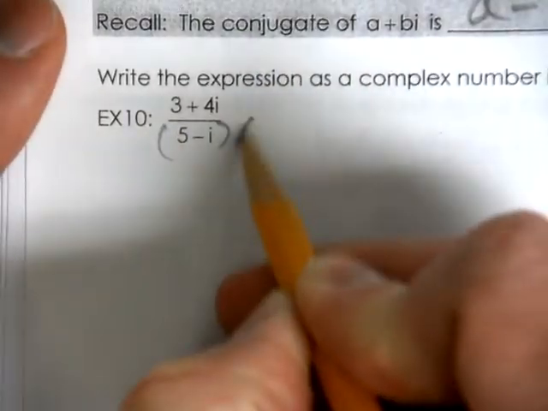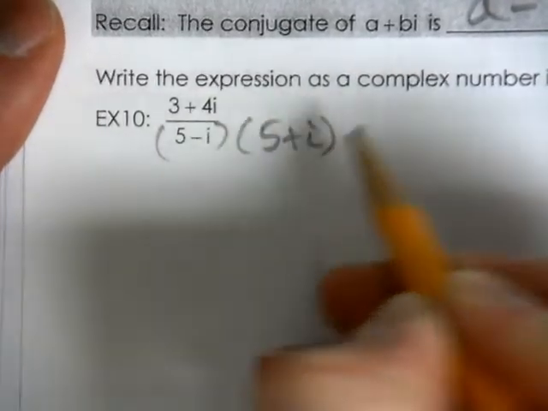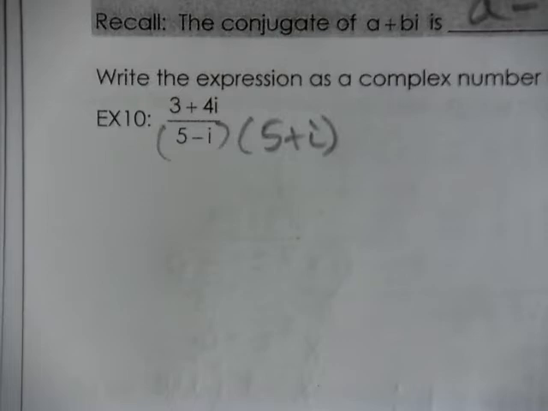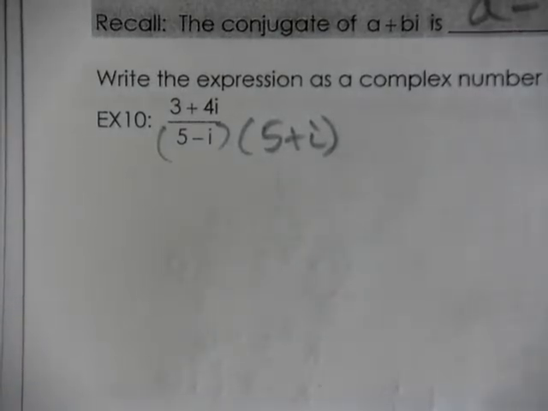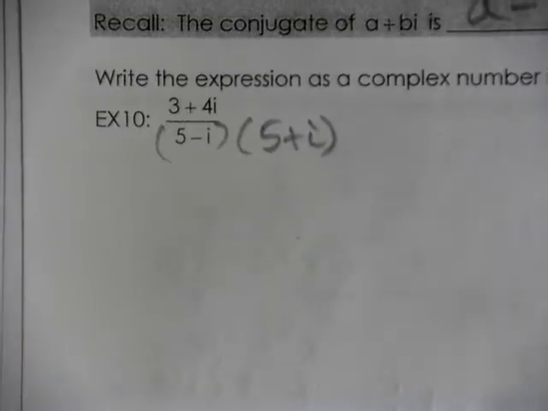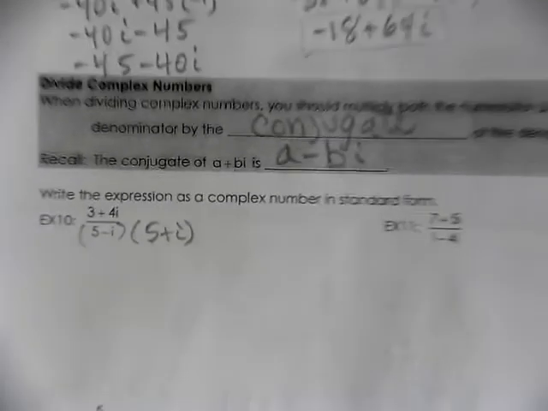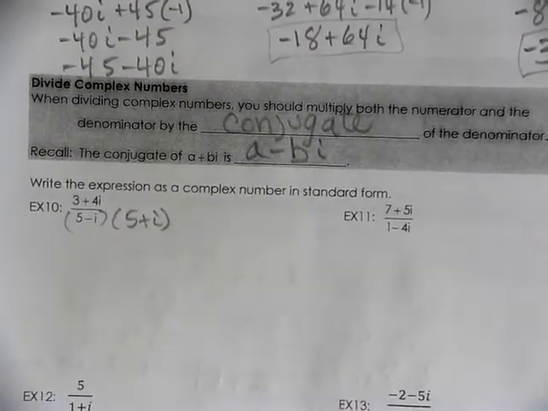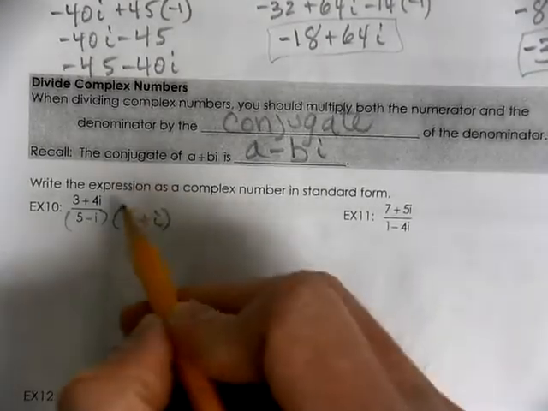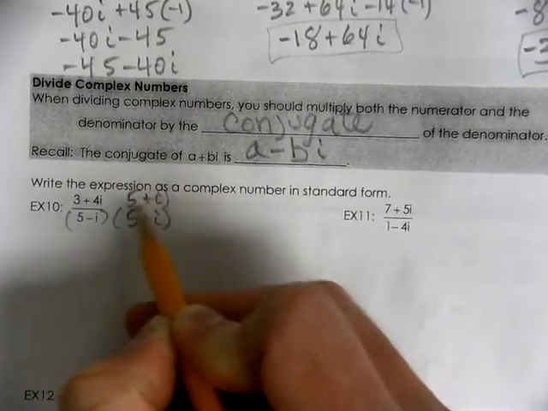So the conjugate's going to be 5 plus i. We're only worried about the denominator. So we notice the denominator is 5 minus i, so we're going to write 5 plus i.